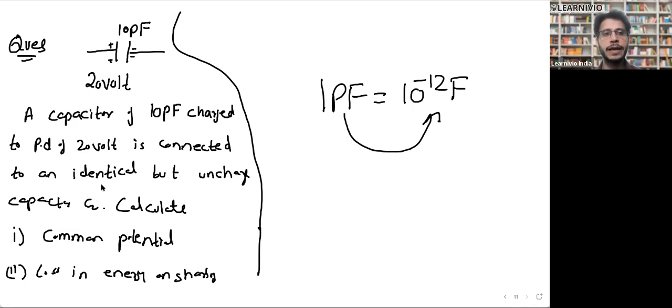It's connected to an identical capacitor C2. If C1 is 10 picofarad, then C2 is also 10 picofarad. V2 is 0. You're supposed to calculate V. Okay, sir.